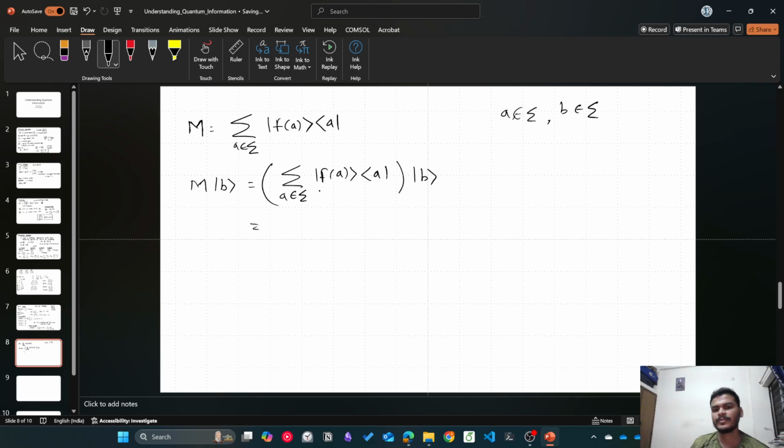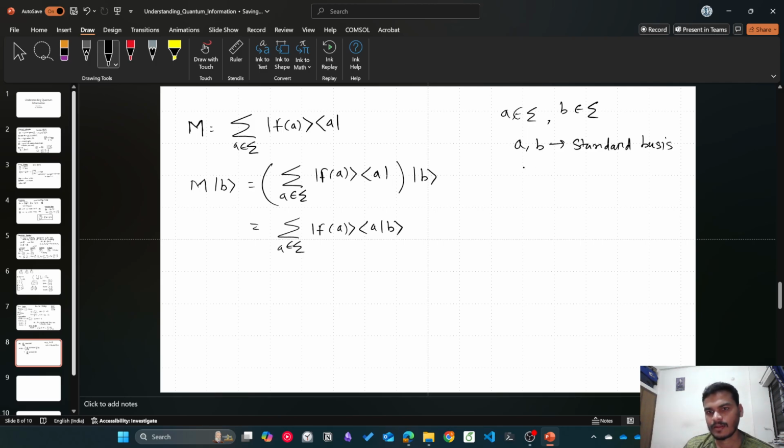Now, as you know, matrix multiplication is associative, so you can multiply B to each of the elements of the summation. So we can multiply B here. And as we know, A and B both are standard basis, right? They both belong to the standard basis.